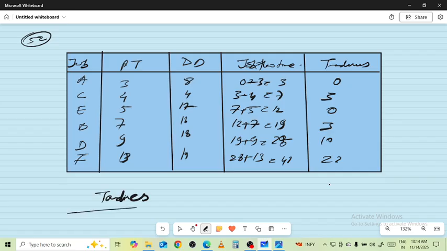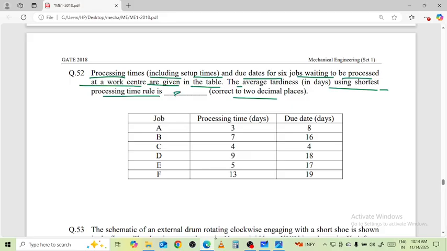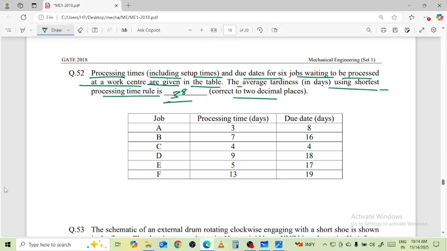Sum the total: 3 + 3 + 10 + 20, that is 38 minutes of delay, so it is 38. Tardiness is total tardiness, divided by the number of jobs, so it comes to 6.33.